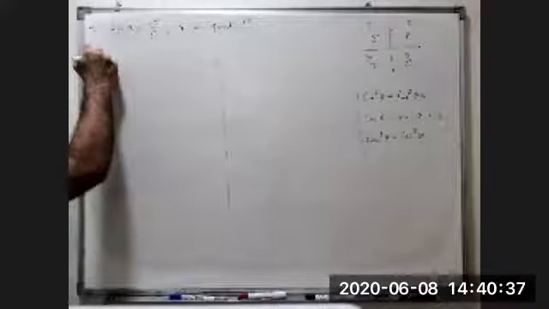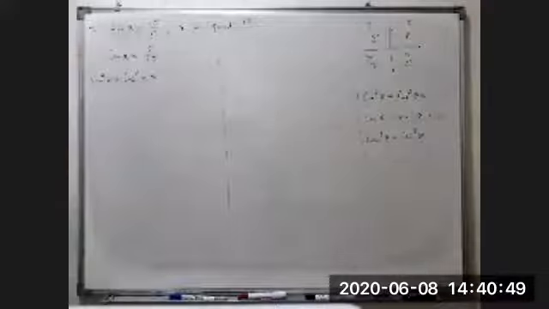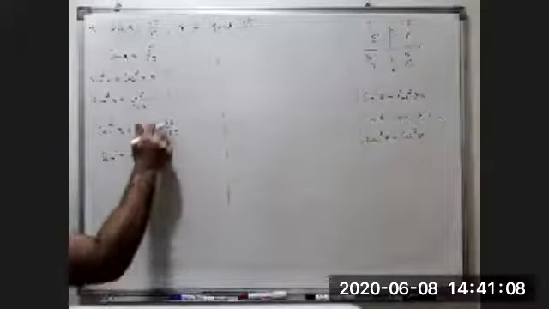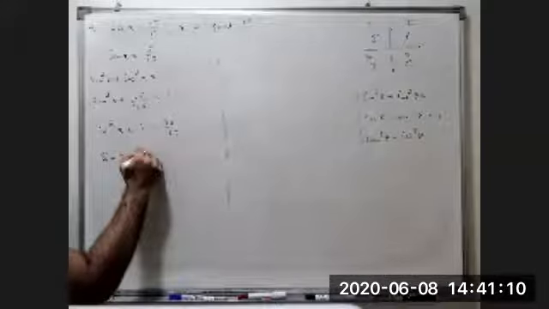Now we know that sine square x plus cos square x is 1, so sine square x is 1 minus 25 by 169, which is 144 by 169.